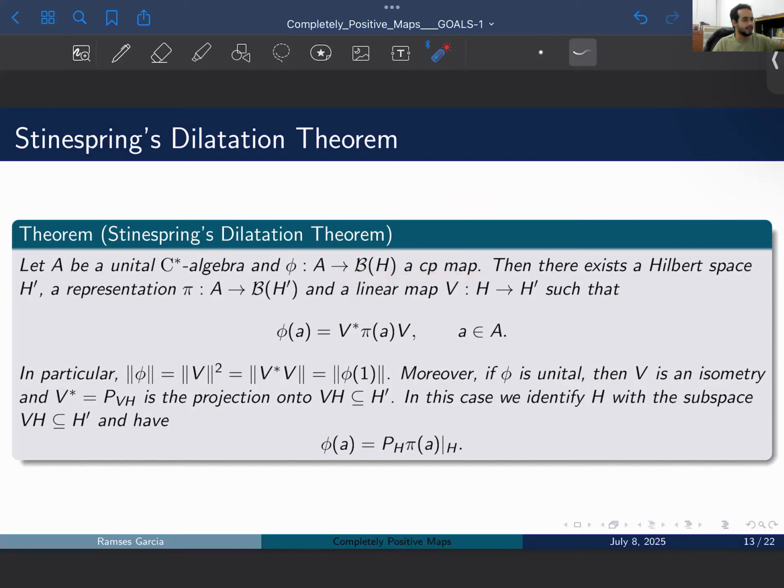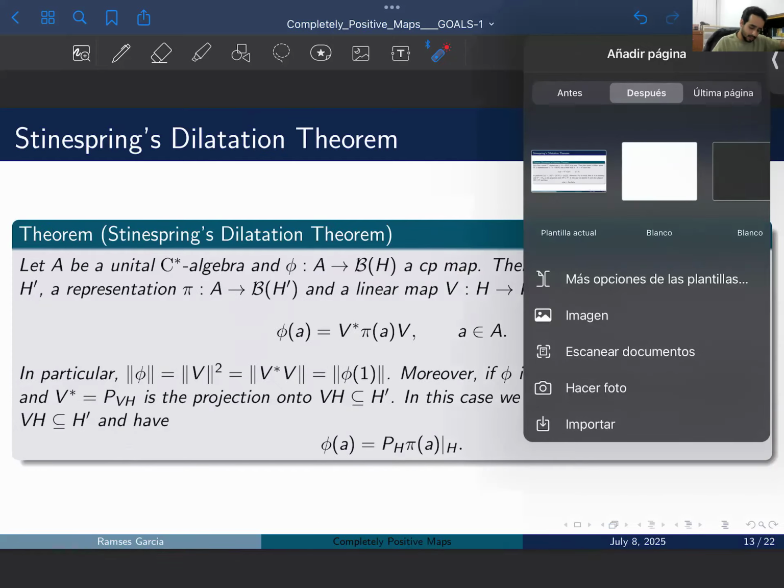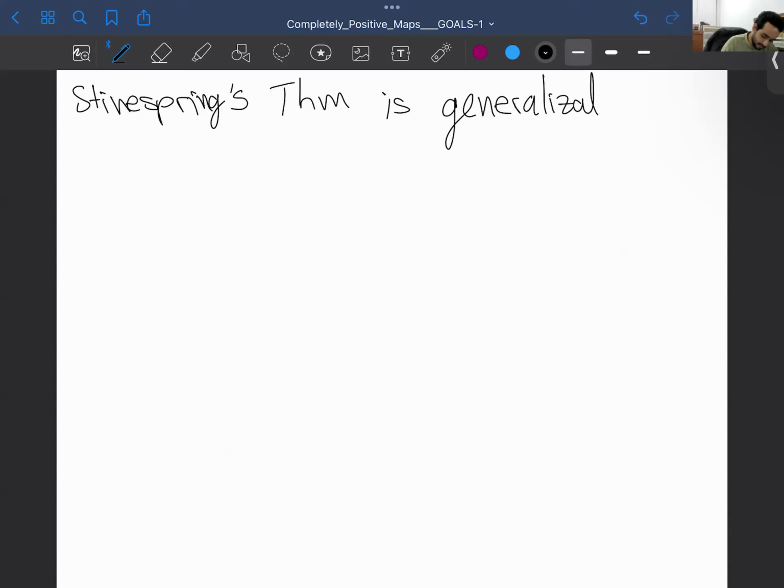I'm going to talk about that. Well, maybe it's a good moment to talk about that. So what I'm claiming is that the Stinespring theorem is a generalization of the GNS construction.